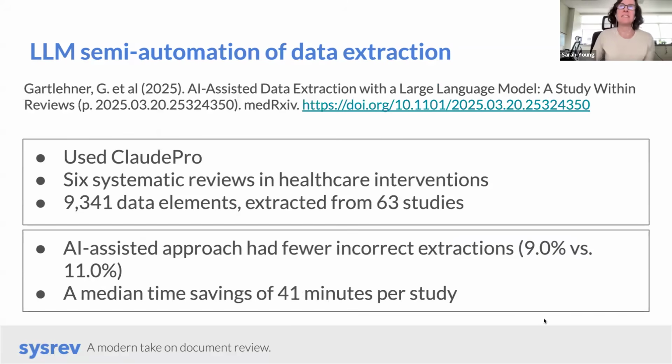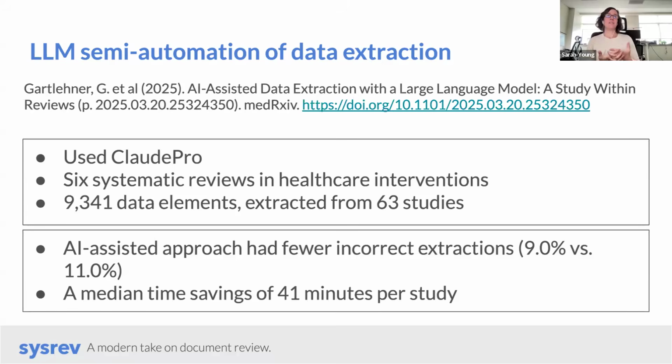A really nice example of this is a recent study comparing a human-only data extraction approach with an AI-assisted data extraction approach. They did this using Claude Pro across 6 systematic reviews of healthcare interventions. They extracted over 9,000 data elements from 63 studies.